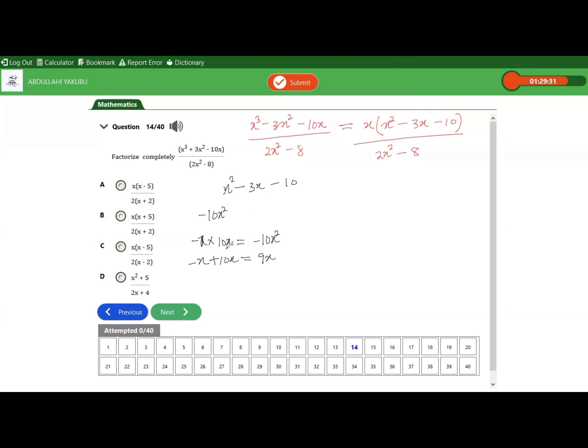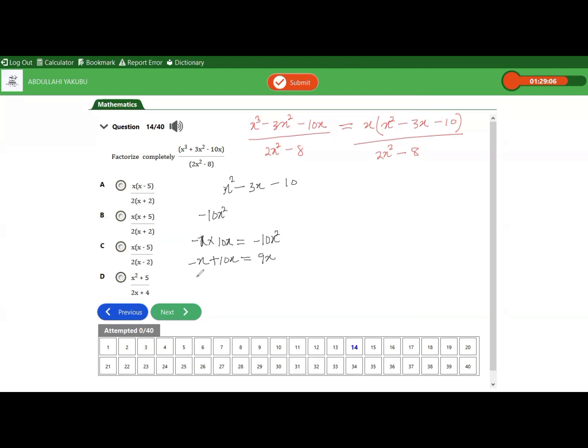So if 1 and 10 doesn't go, let us migrate to what? 2. When you go with 2, then you multiply the first one, and divide the other one by 2. You started with 1. When you multiply by 2, then you divide this one by 2.